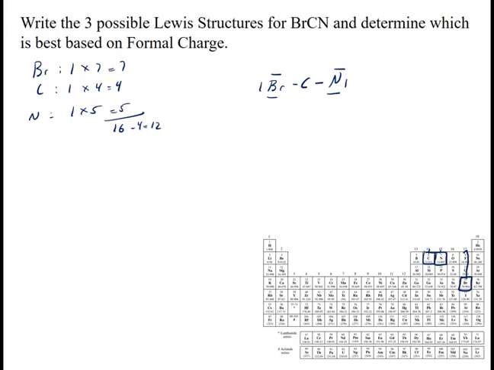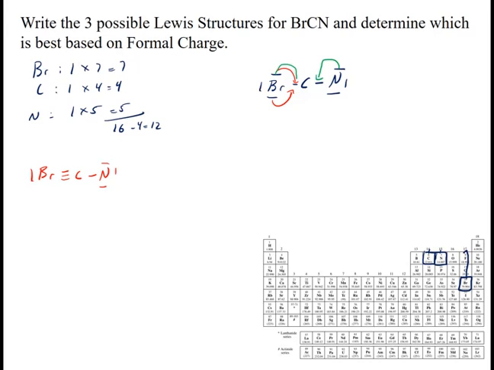So I can either, now let's go to my colors, okay? I can either take 2 electrons in here, and so I have bromine, single bond, triple bond carbon, single bond nitrogen as one structure. I can have where bromine shares 1 and nitrogen shares 1.